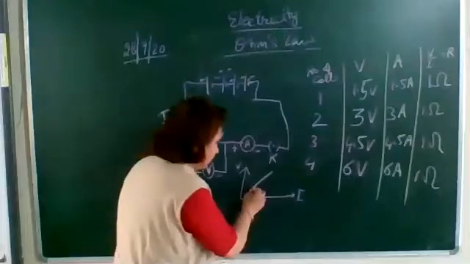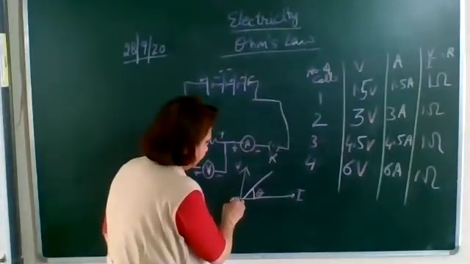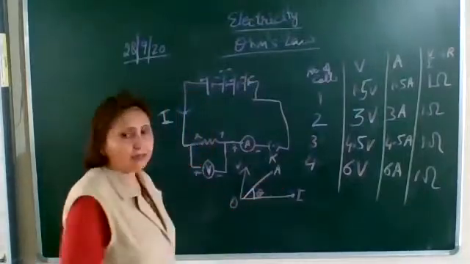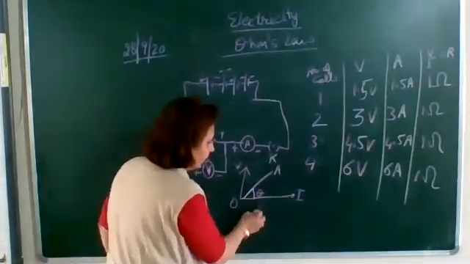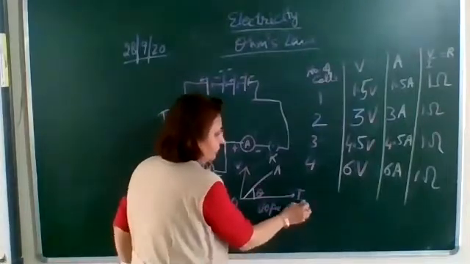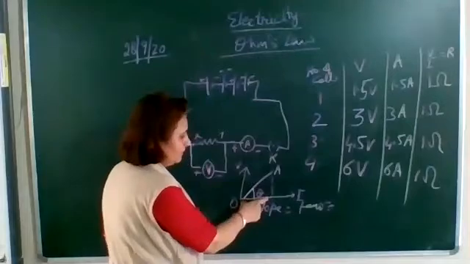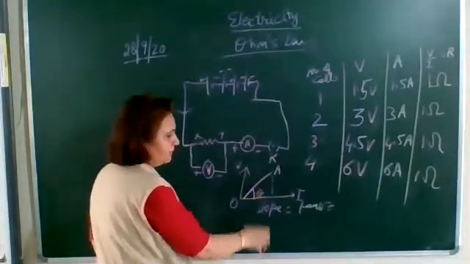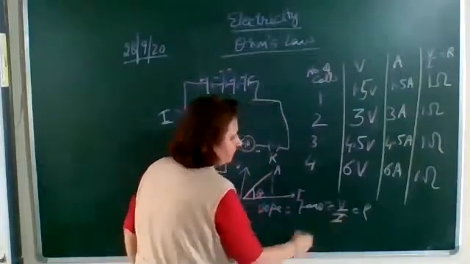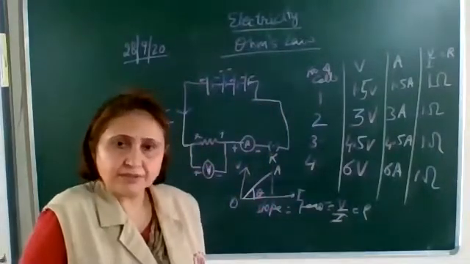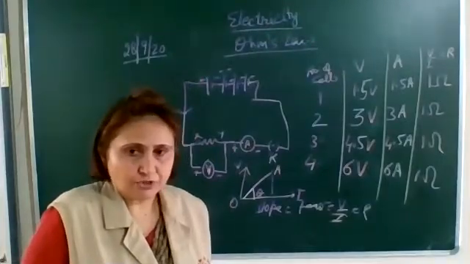The VI graph line, which is OA, makes an angle theta with the I-axis, the x-axis, and the slope of the line we know can be found out by tan theta, and tan theta is perpendicular upon base. Perpendicular is V, base is I, and this we know is equal to resistance. So the slope of the line gives the resistance. This we have already studied, and this activity proves Ohm's law.